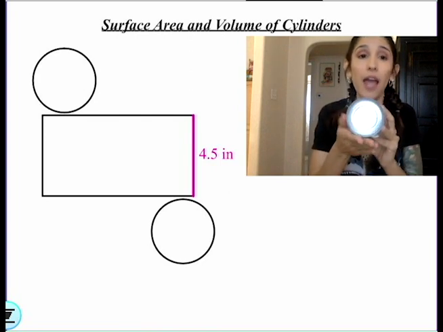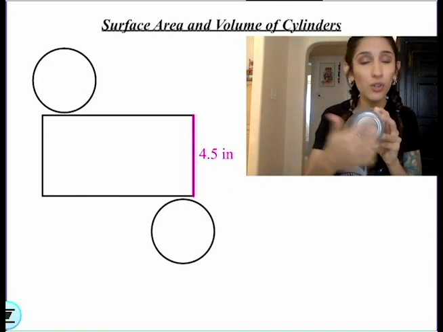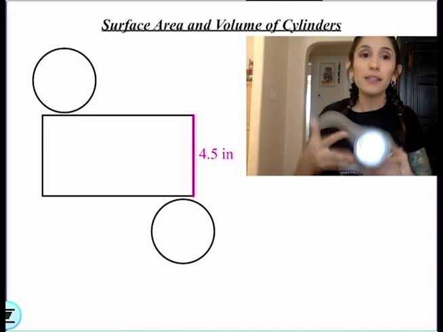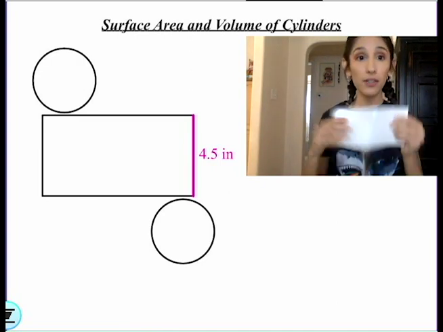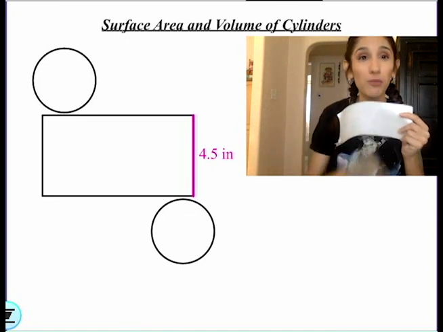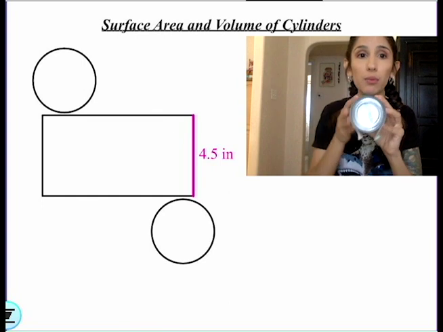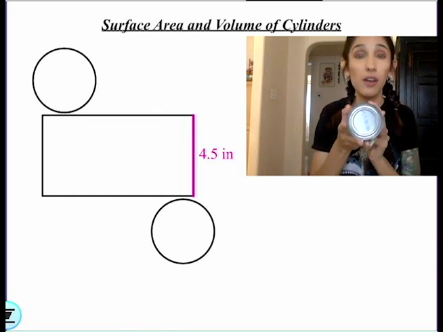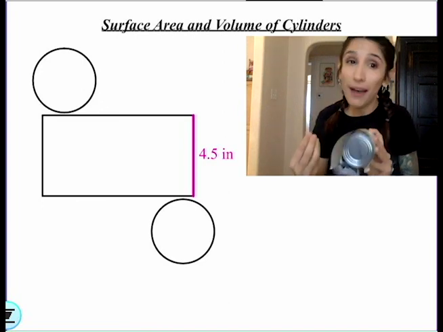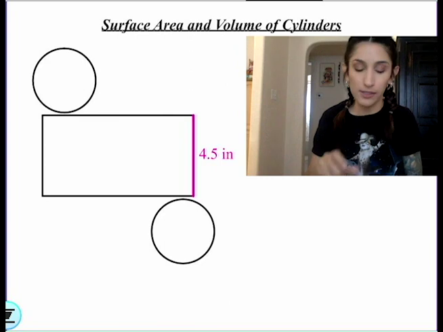There's a special name for that distance around a circle. That's the circumference. So I'm going to calculate the length of this entire label, or the length of my rectangle, as really being the circumference of this circle, because it wraps completely around the circle itself. Rather than measuring it and getting an approximation, I'm going to incorporate pi because of the circumference to get a more accurate answer.